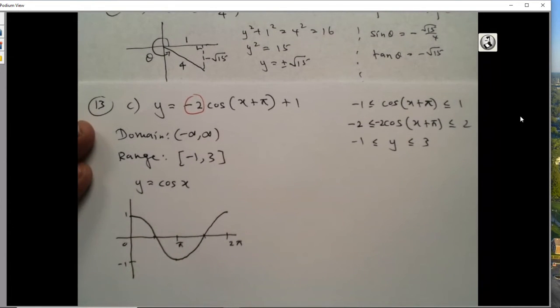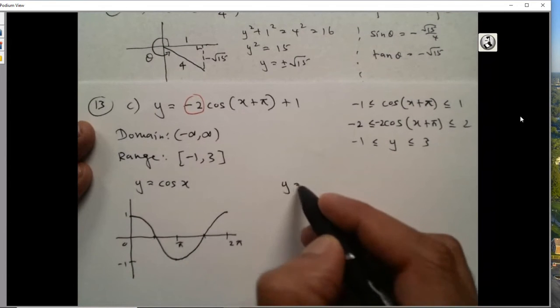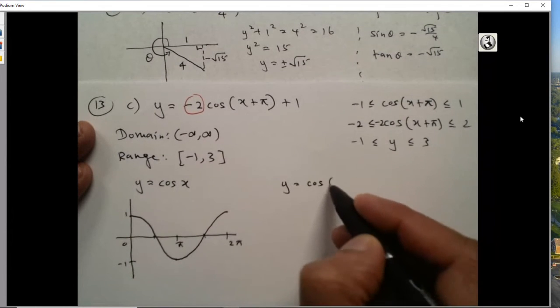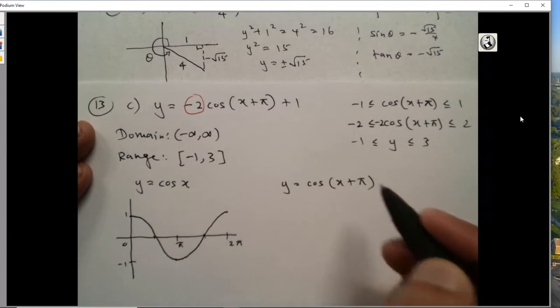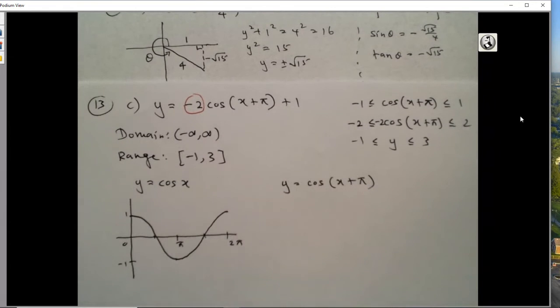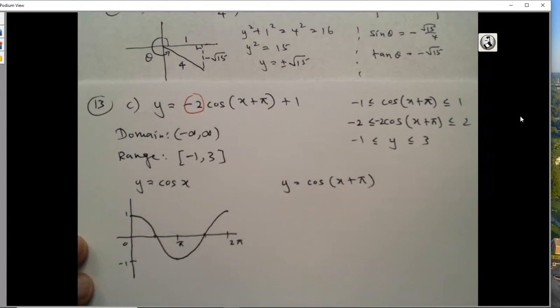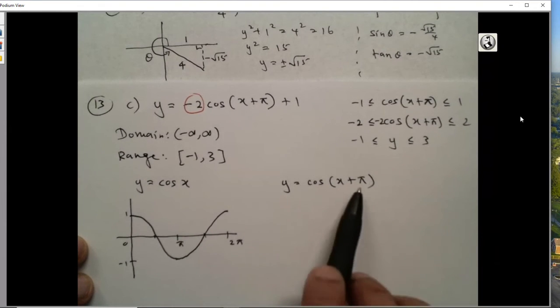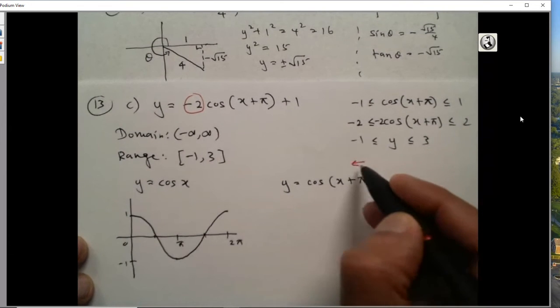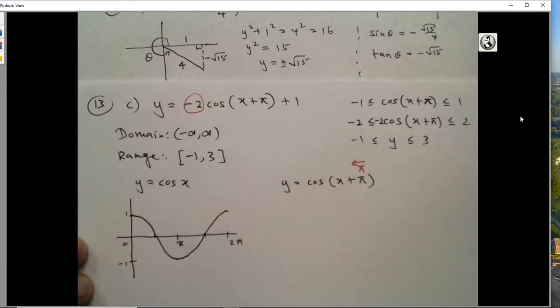Now what we can do is the x plus pi shift. So y equals cosine of (x plus pi). Can someone tell me what will happen if you do x plus pi? Shift in what direction? It's to the left, it's opposite. So you're going to move this graph pi to the left.